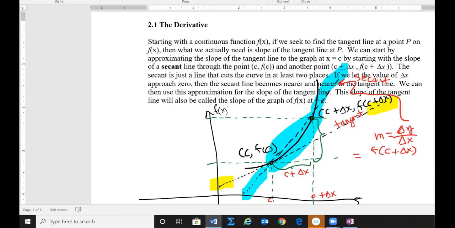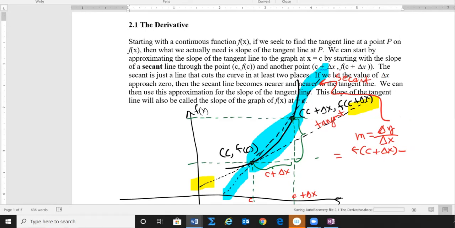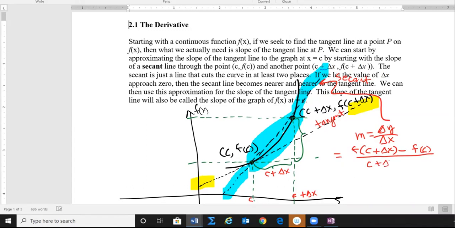So we have our tangent here. I'm going to minus now. Let me give it a little more room here. Minus f of c has to be divided by c plus delta x minus c.